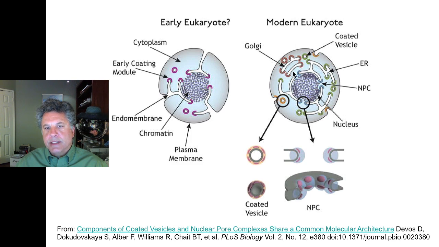And if you look at those proteins that exist at these positions, especially the ones in what we call coated vesicles, which are trafficking vesicles inside the cell, and look at their structural architecture, the types of alpha helices and beta sheets and the motifs they exist in, you find that some of the proteins in the nuclear pore complexes, which are macromolecular assemblages that exist at the nuclear pore, about 7 of them, show structural homology to some of the proteins that exist around coated vesicles that curve the membrane.